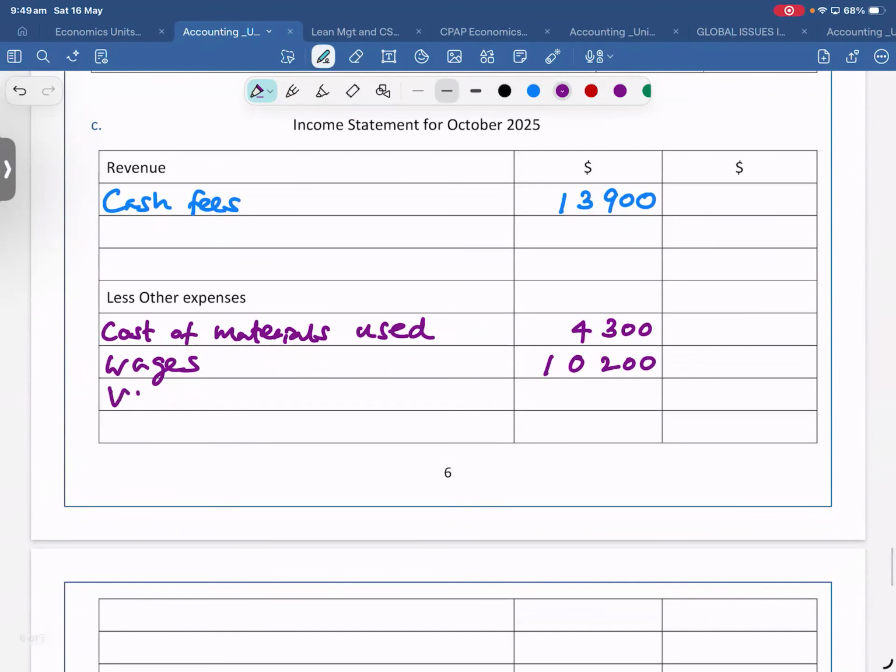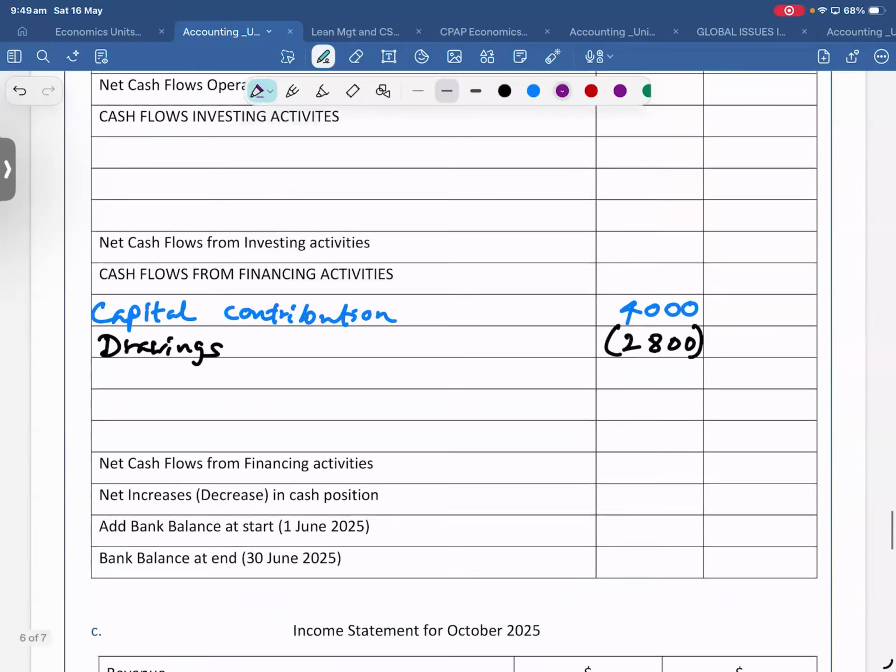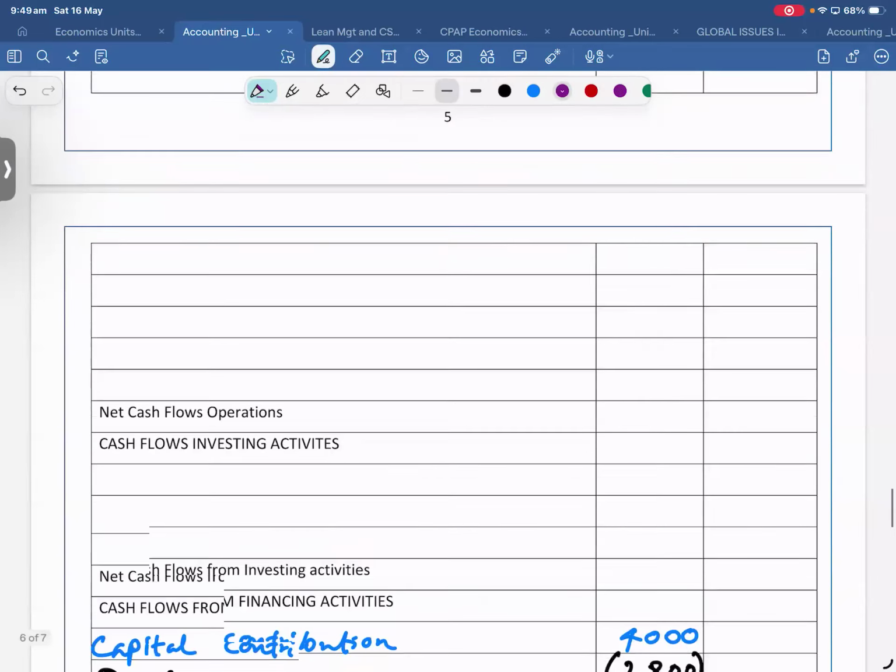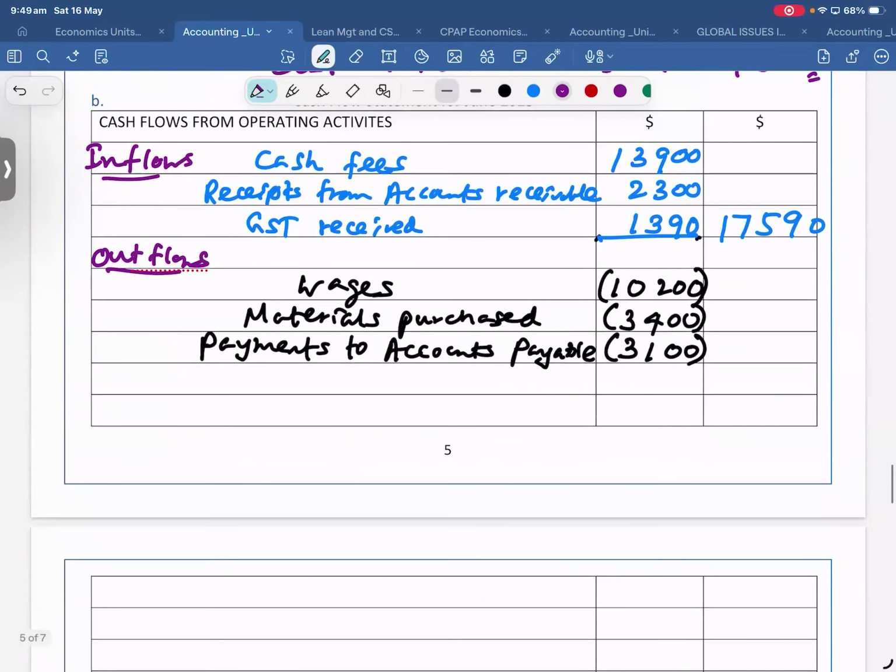So then you can say van expenses, 800. You don't put brackets in the income statement. The only place we are using brackets is the cash flow statement. And then van expenses, 800.